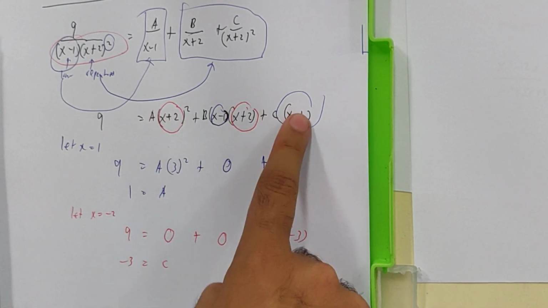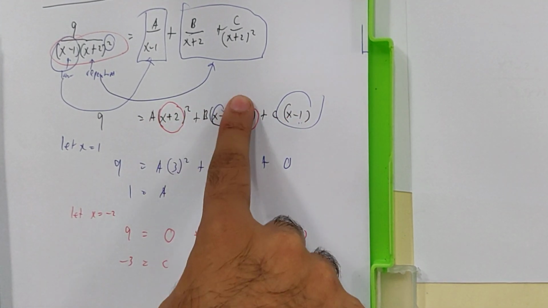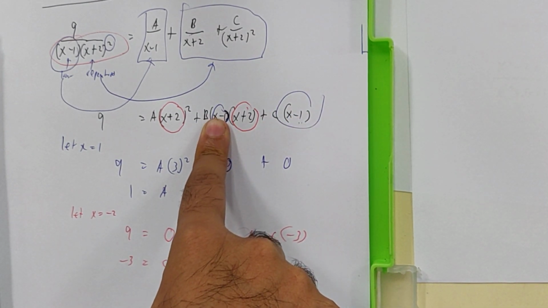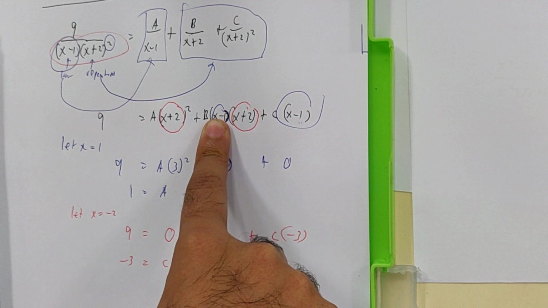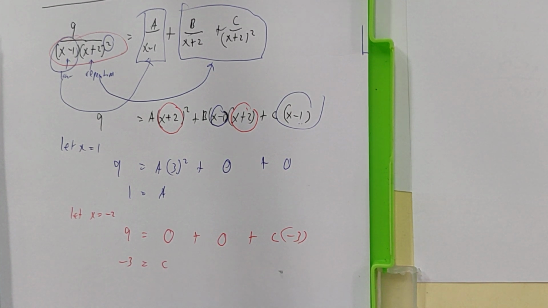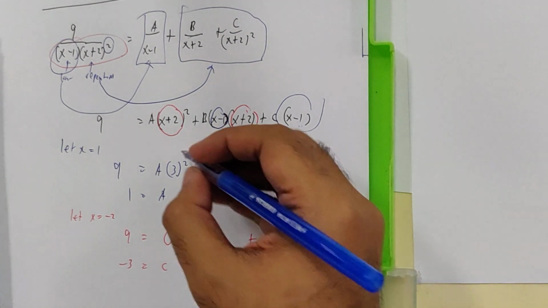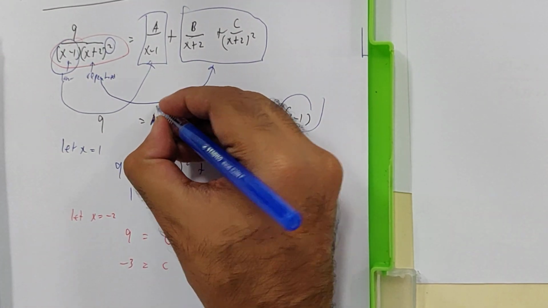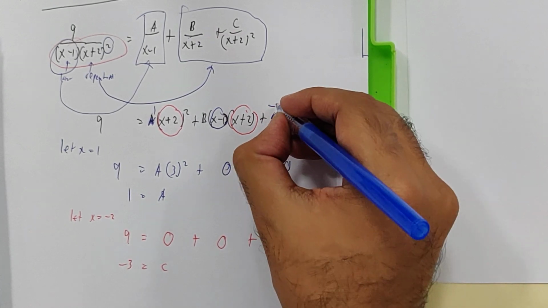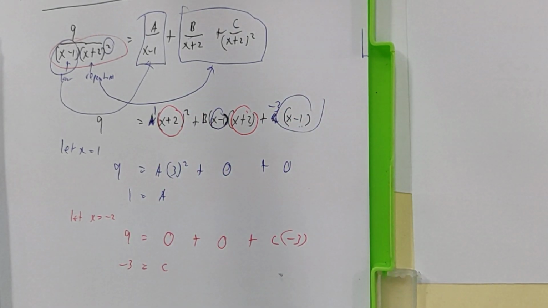We can make this one become 0. If I make this 0, this one becomes 0 as well. If I make this one become 0, this one becomes 0 as well. Want to substitute inside what? Okay. Technically, you are not totally wrong, sir. Okay, you're not totally wrong, Zami. So this one, A is 1, C is negative 3. Still, you cannot get B.